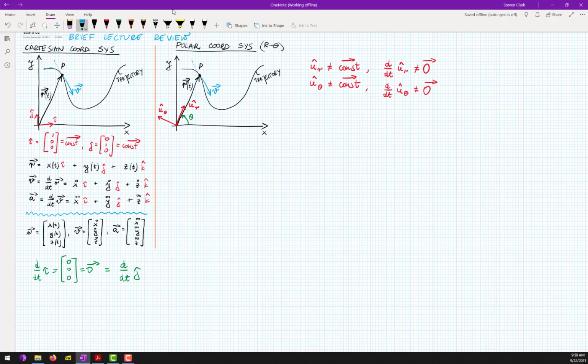This is our trajectory. And we have a particle P. That particle travels along the trajectory, and we would like to know its position. So that's why we have our vector r. Vector r shows us where the particle is at that time instant.